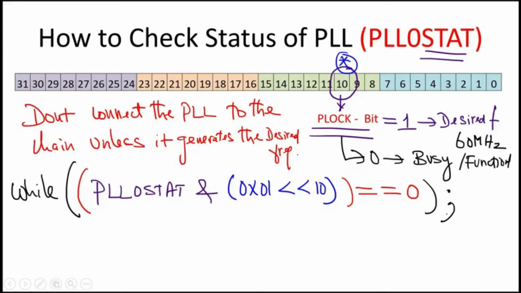Are you able to understand? If the PLL is busy generating the 60 MHz, then at some point the P-lock bit becomes 1, this condition will fail and it will come out of this instruction and execute the next instruction. In case the PLL is not working at all, then this is a dead trap.